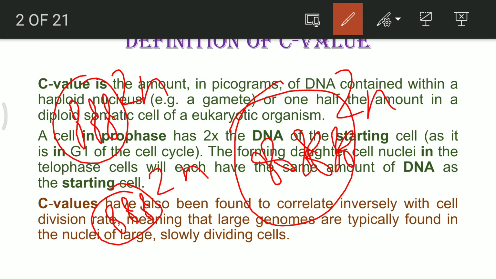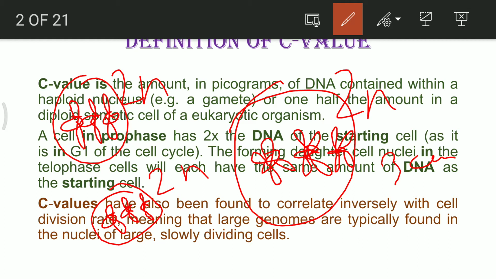On the basis of the number of chromatids or centromeres, we say what the chromosome content of that cell is. So here there are three centromeres, and in these cells also there are three centromeres.